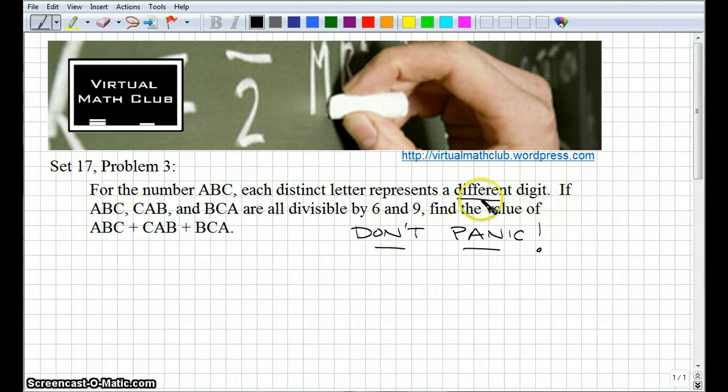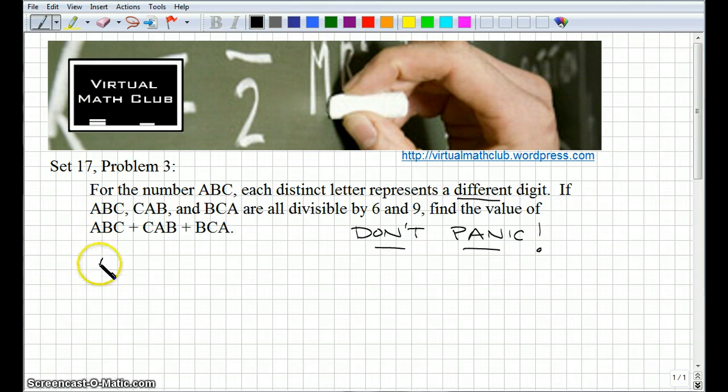What else do we know? We also know that ABC, CAB, and BCA are all divisible by 6 and 9. Well, if you know your divisibility rules, the divisibility rule for 9 is that the digits have to sum up to a multiple of 9, right?